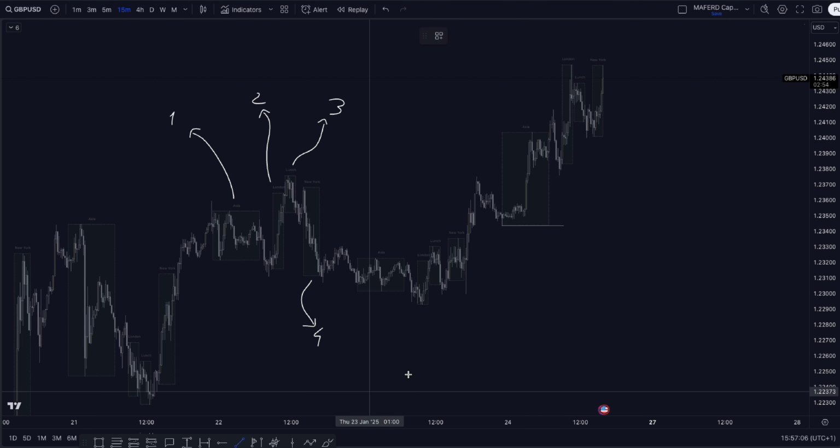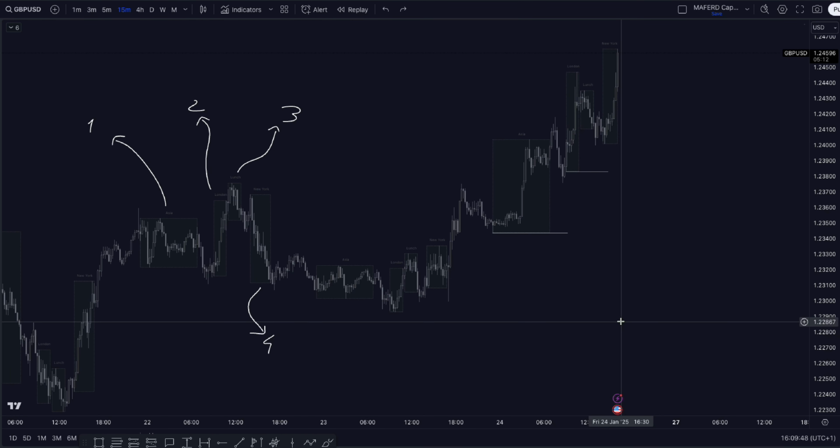So again, I simply highlight the highs and the lows of the session, and keep in mind the different levels that I am monitoring throughout my day.